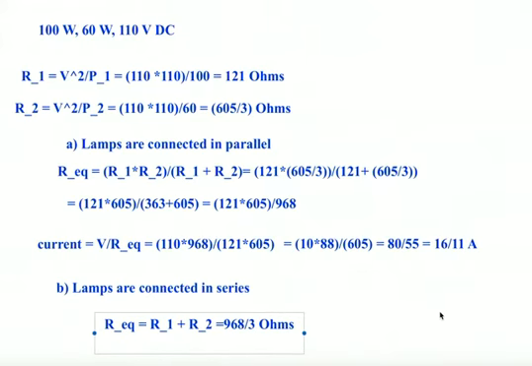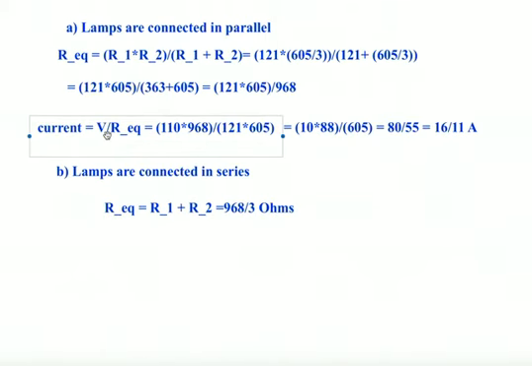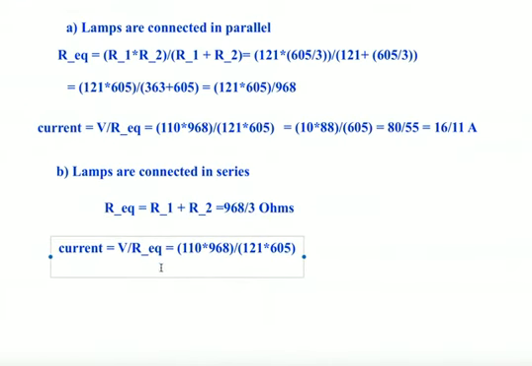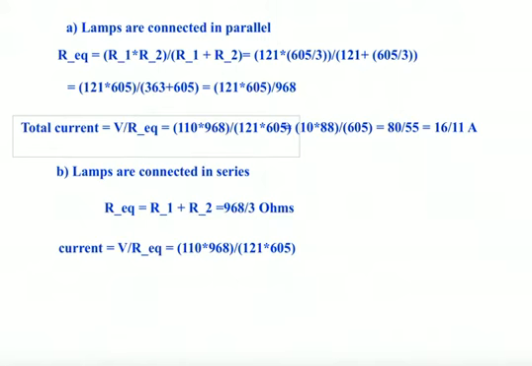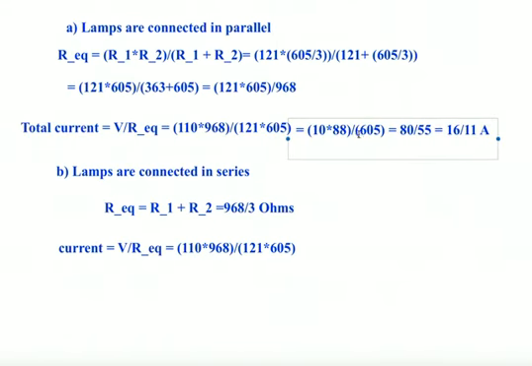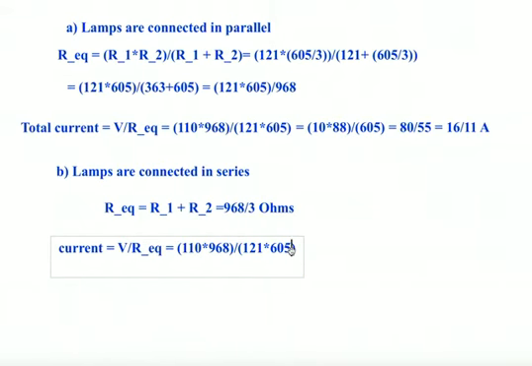Again current: in this case the current flowing through the circuit is the total current. Here only one current is there, so you can call it the total current.